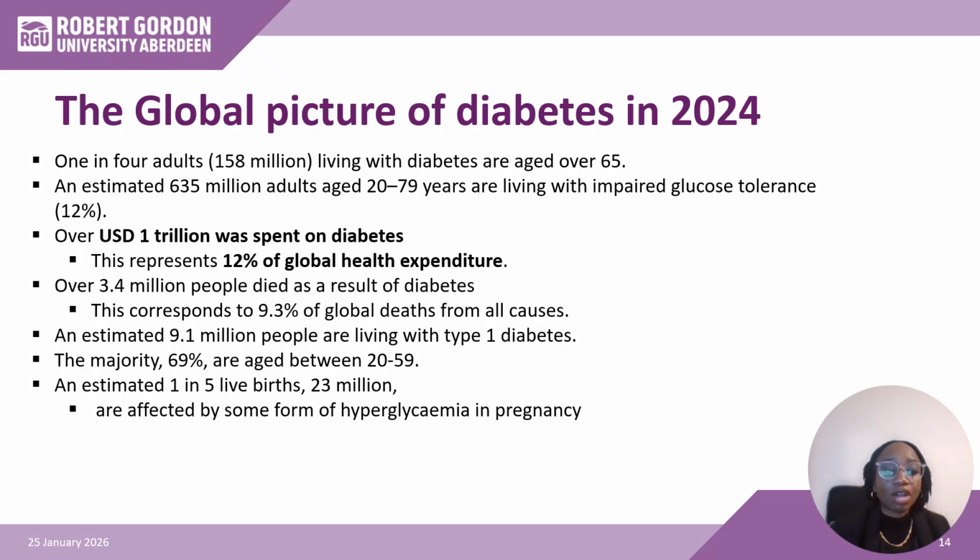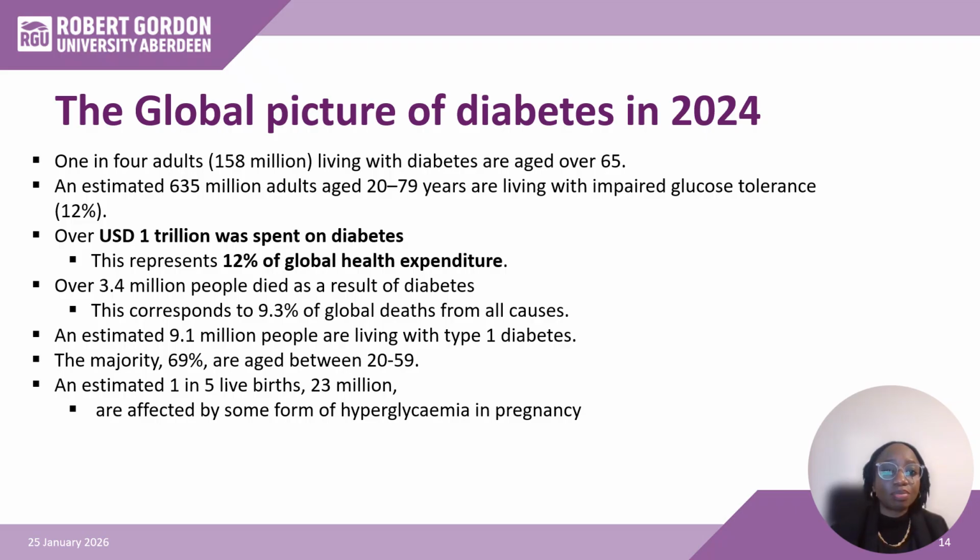Around $1 trillion is spent on diabetes, and this accounts for around 12% of the global health expenditure. Over 3.4 million people, this is all in 2024, died as a result of diabetes, which corresponds to almost 10% of the global deaths from all causes. So this is quite alarming.